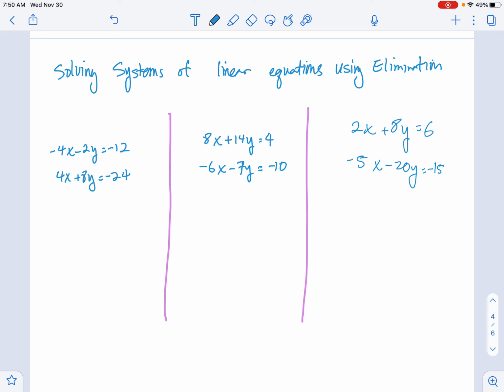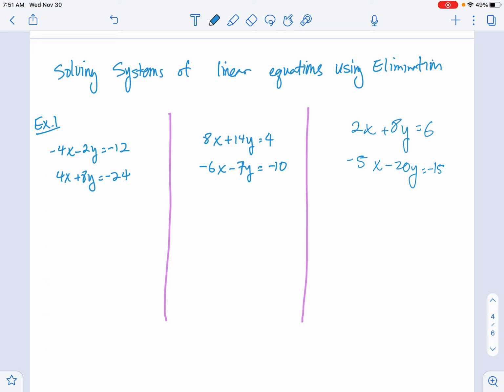So first, we need to eliminate one of these variables. Sometimes it's easier to eliminate the x value. Sometimes it's easier to eliminate the y value. In this first example, it's easier to eliminate the x value, okay?